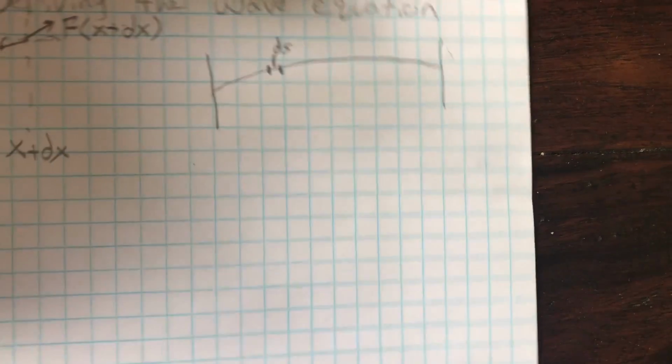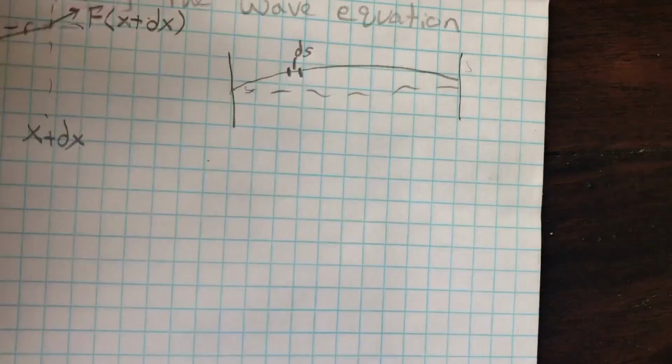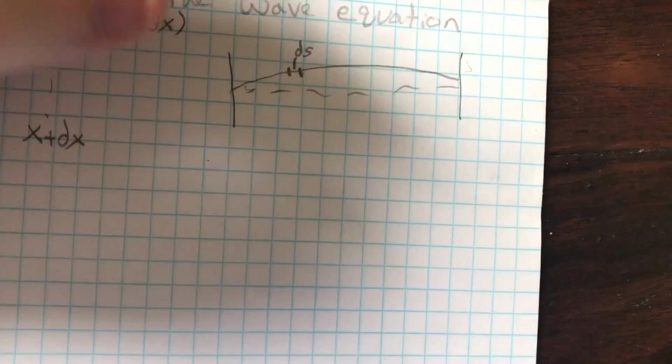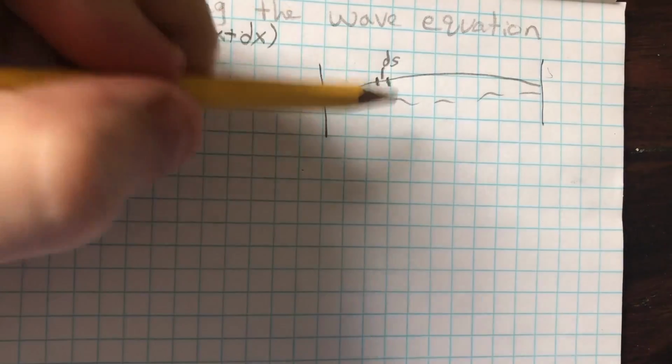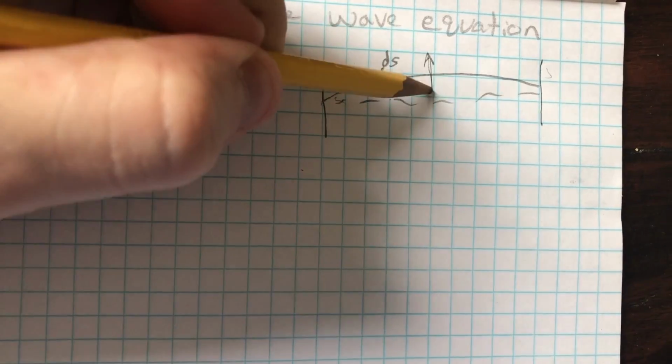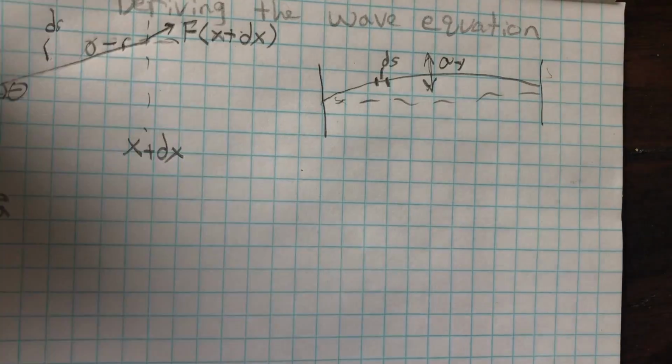Well, I mean, it's not actually accurate, I'm just doing a rough drawing. But there's that. And so there's only going to be an up and down acceleration in the y direction.